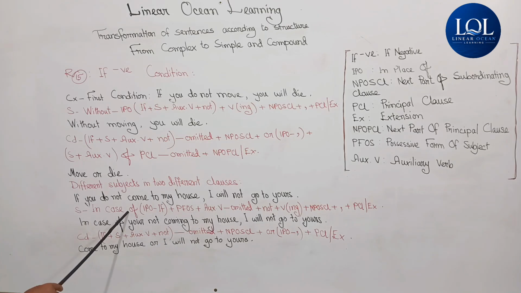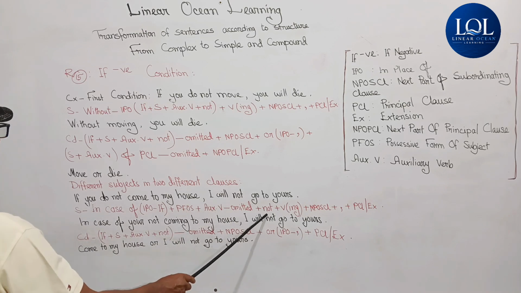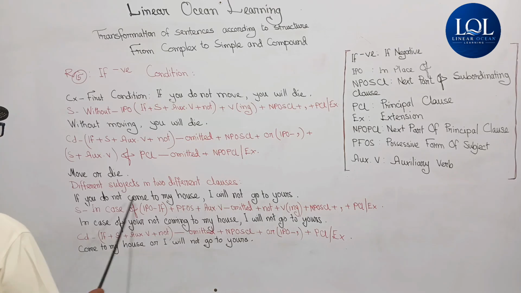In place of if, we have to write in case of, plus possessive form of the subject. Here subject is you, so its possessive form will be your, plus auxiliary verb omitted, do will be omitted, plus not, plus verb ing.